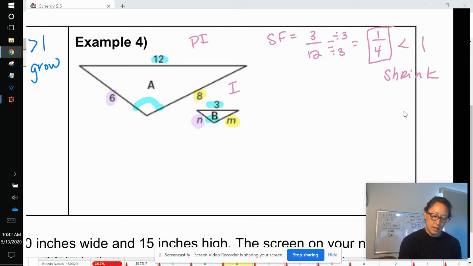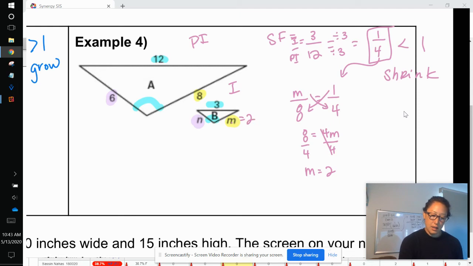So I set this up as the image over the pre-image: m over 8 is equal to my scale factor, 1 over 4. Cross multiply, giving me 8 is equal to 4m, and then divide by 4. Okay, so m is equal to 2.